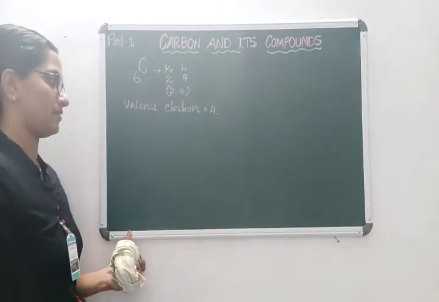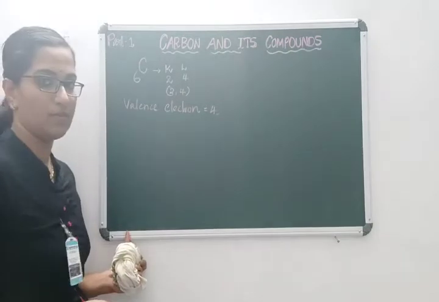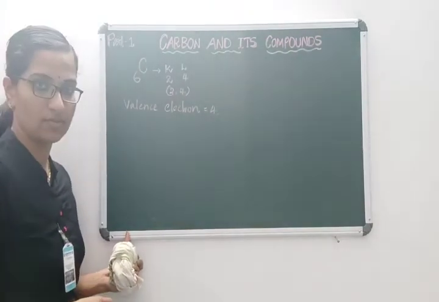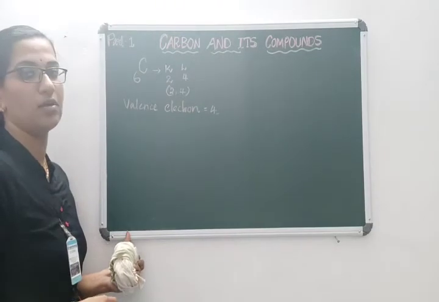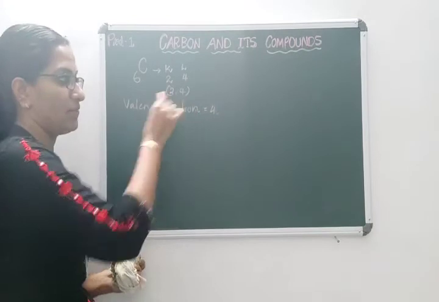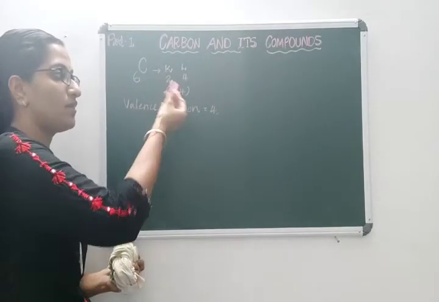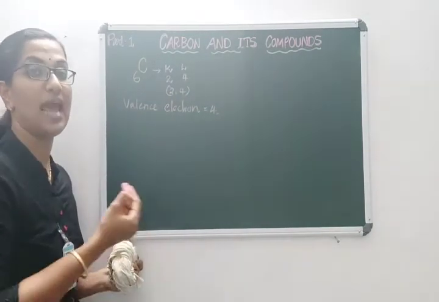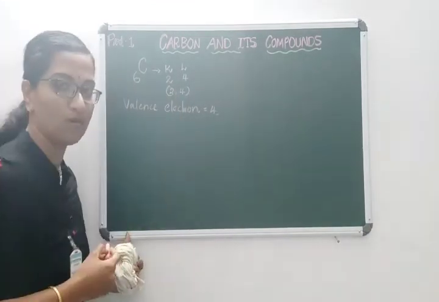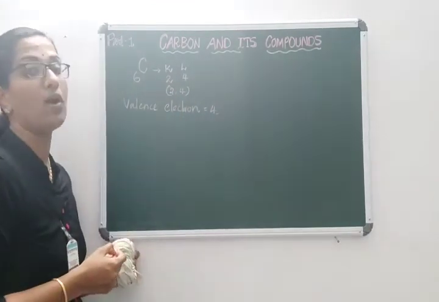So is carbon stable? No, because you know the octet rule. What is the octet rule? In order to attain 8 electrons in the outermost shell, carbon should either lose 4 electrons or accept 4 electrons. Carbon requires 4 more electrons to complete the octet.